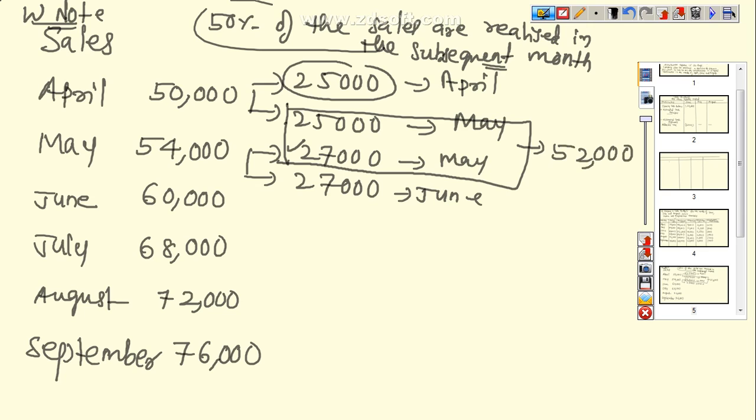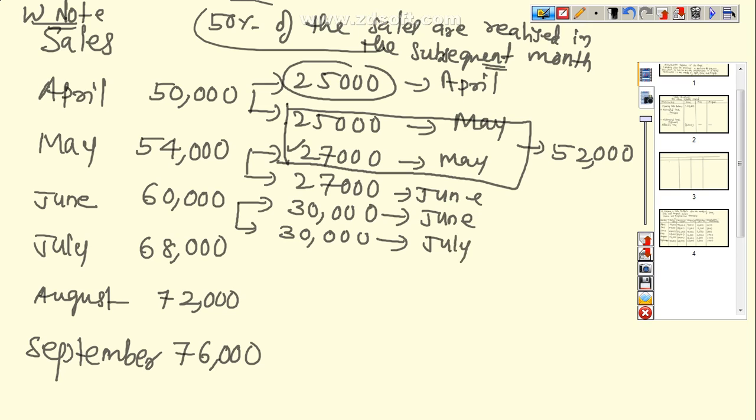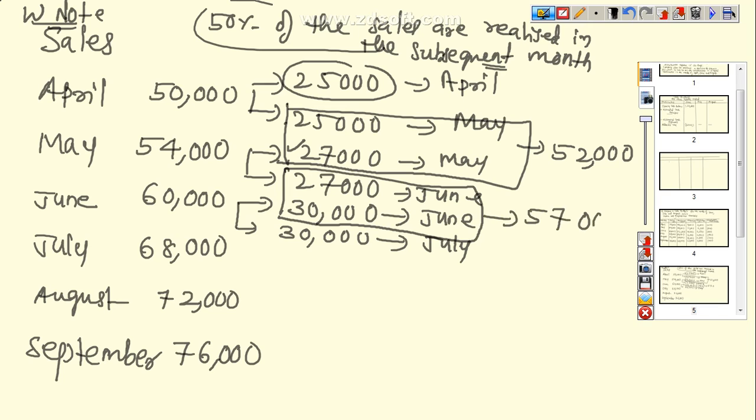And next month June, again we segregate it into 50%, 50%, that is 30,000 and 30,000. This 30,000 we receive in June itself and this amount in the subsequent month, July. So total amount received in June is 27,000 plus 30,000, that is equal to 57,000.